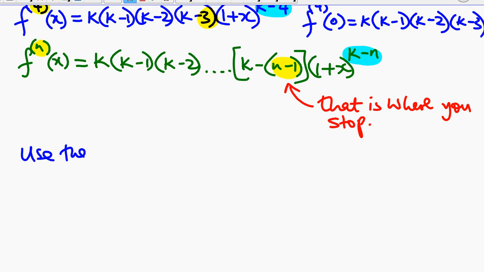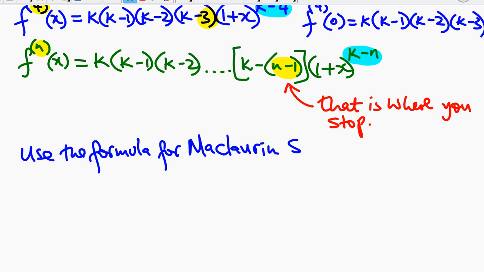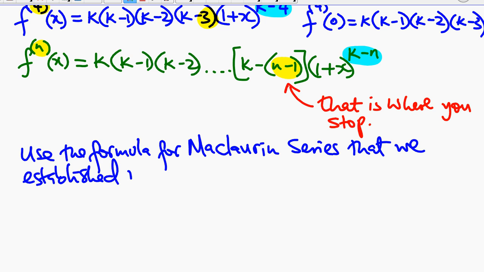Remember, a Maclaurin series is a Taylor series centered at 0.